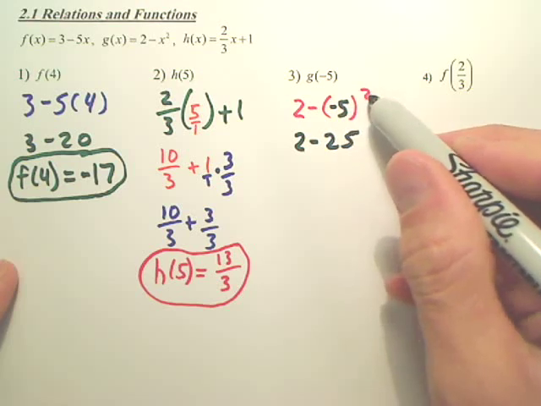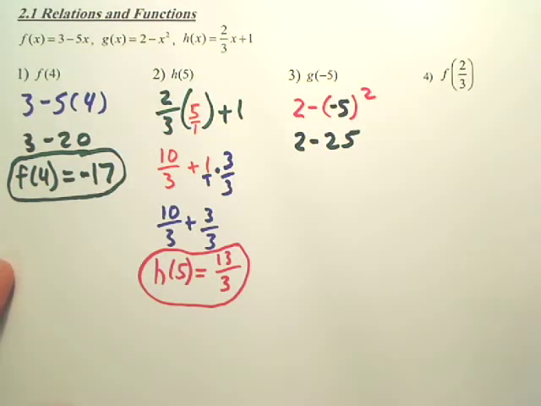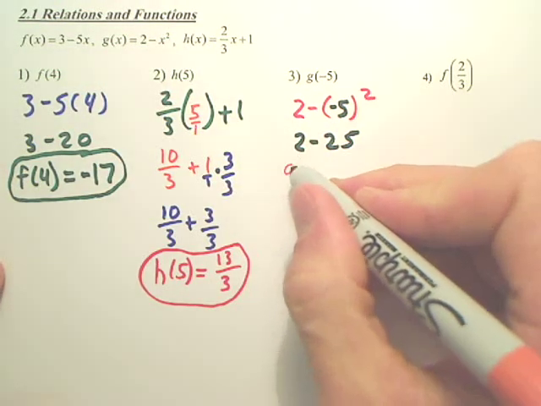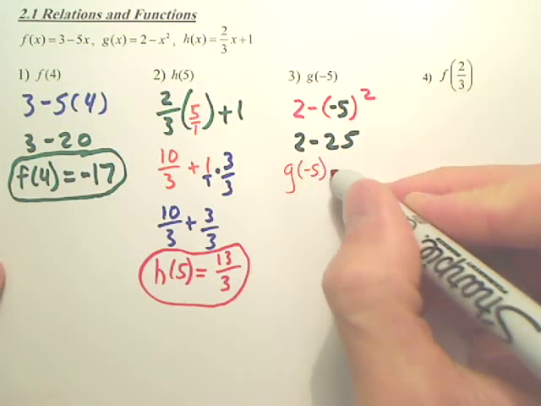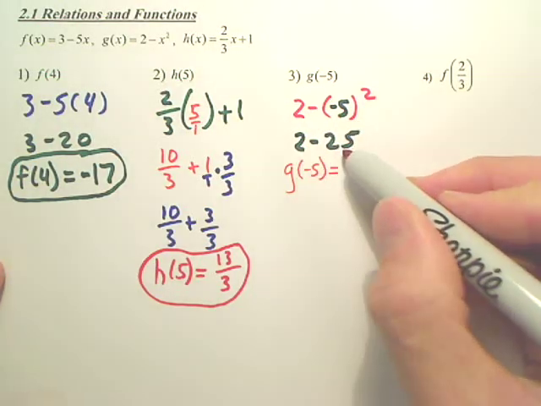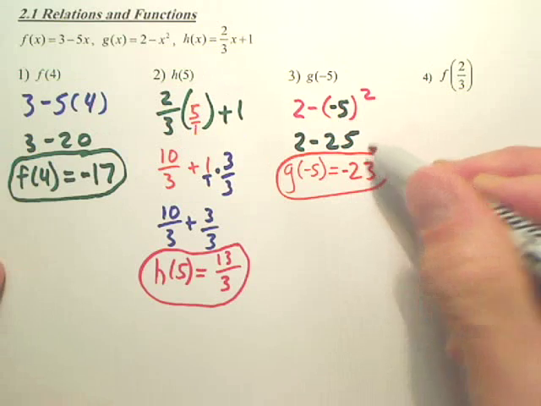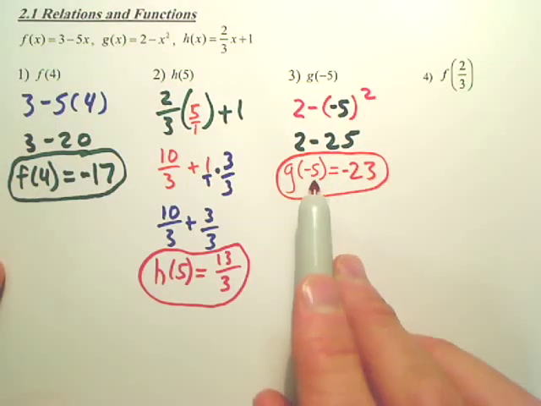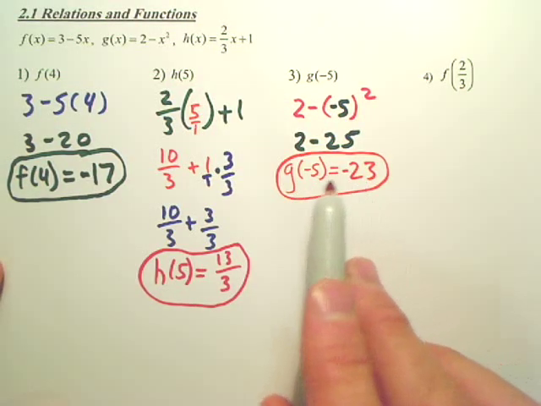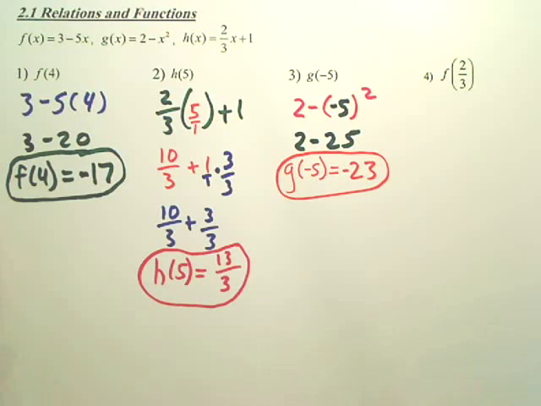That becomes a positive 25, but that minus is still there. So g of negative 5 equals, what's 2 minus 25? Negative 23. Again, that right there tells me what I plugged in, what I got out, and which equation I used. It tells me a lot of info.